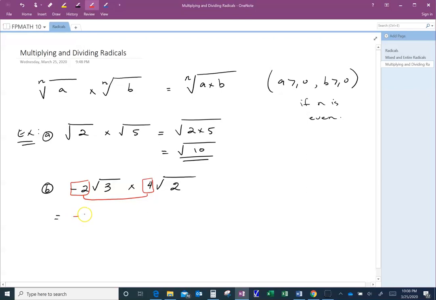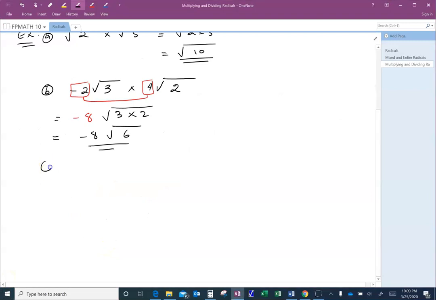So that would be minus 8. Then you're going to use the multiplication law of the radicals. That's 3 times 2. The 3 and 2 were under the radical sign. You're not going to change that, you're just going to multiply them together. And then you write the final answer as minus 8 outside, and 3 times 2 is 6, which goes under the radical sign. And that would be your final answer.